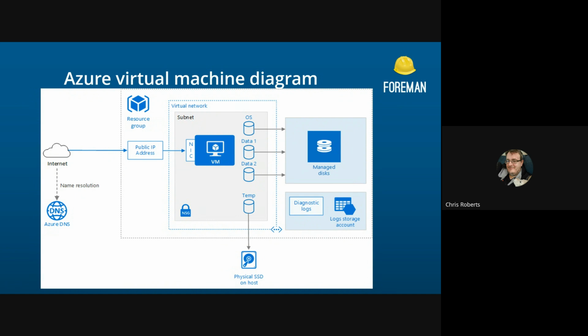So that's that NSG over there. And then we have the disks, etc., and then we have logs. Any hypervisor like VMware, OpenShift virtualization, etc., all those have logs that you can look at if a machine's not working.